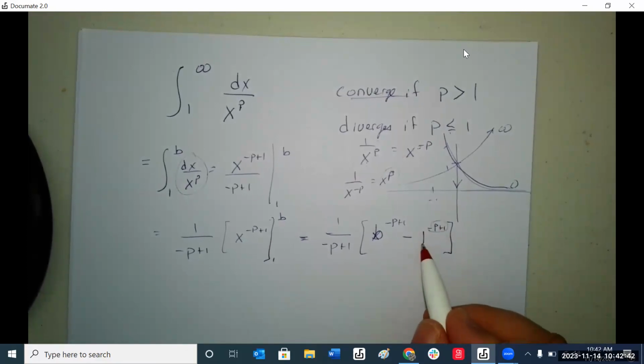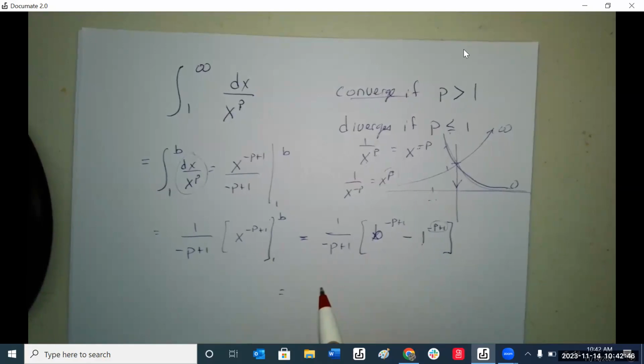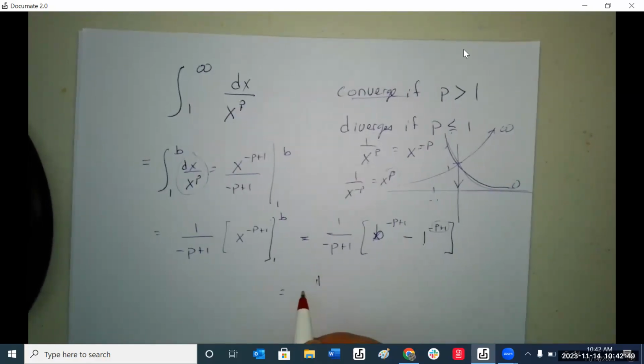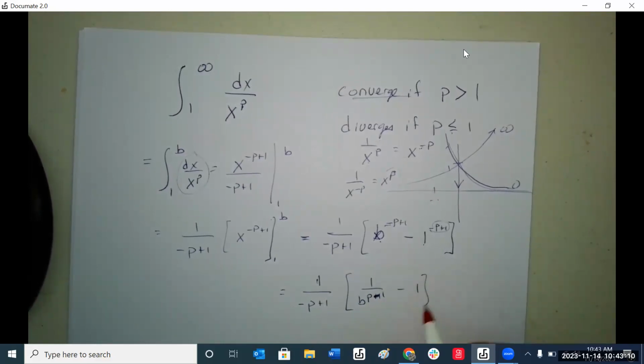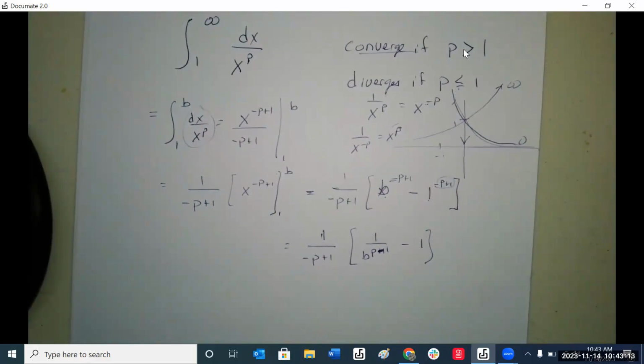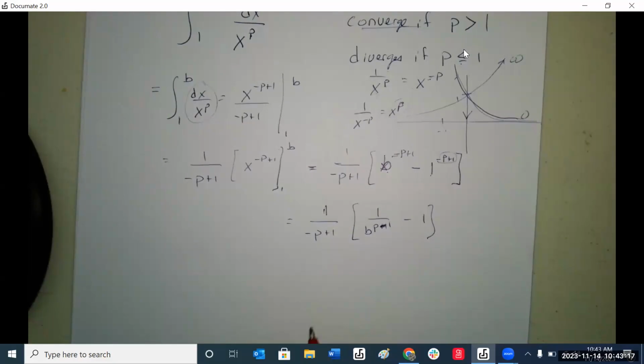It doesn't matter what the power is, 1 is still going to be 1. So then we have 1 over negative p plus 1, or p minus 1 now, for any value p greater than 1. It can't be 0 down here, so it can't be undefined.